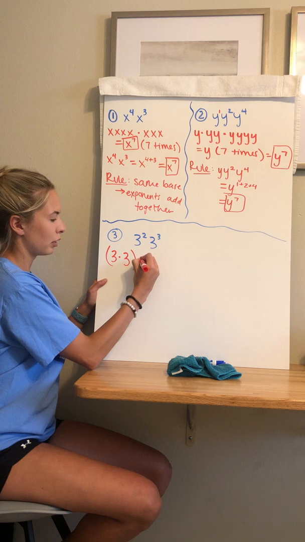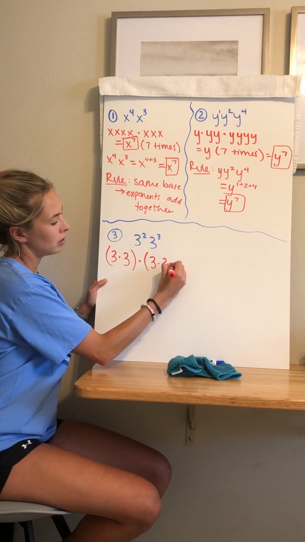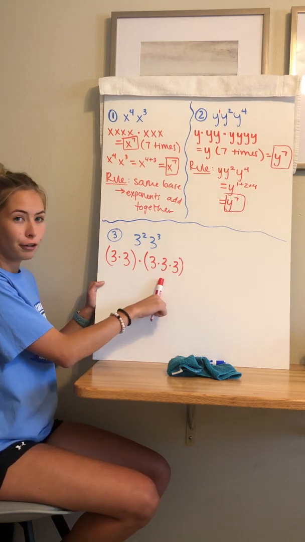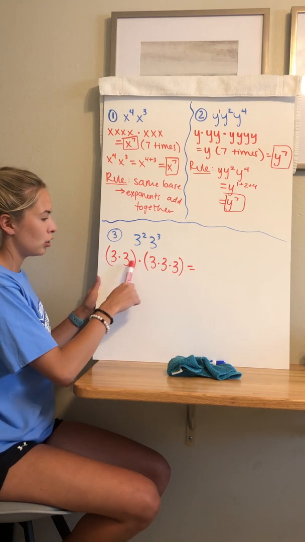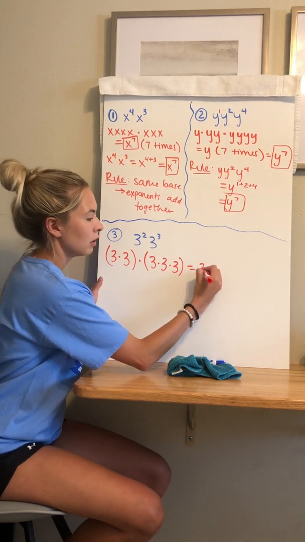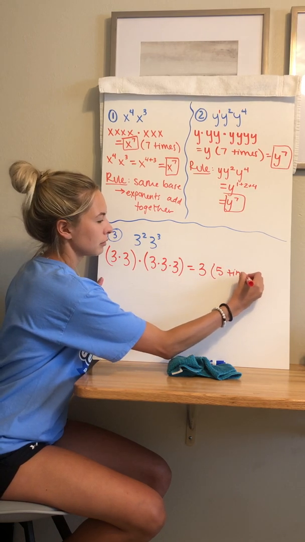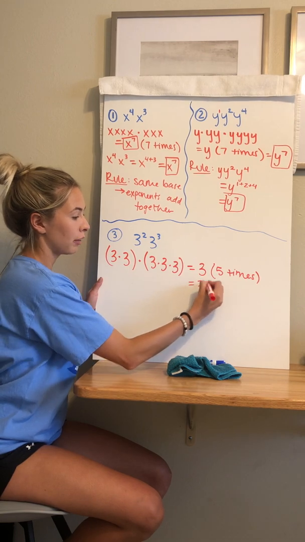I'll put these in parentheses to separate them so we can see. And then times 3 times 3 times 3. So here's our 3 squared times our 3 to the 3rd. If you look at this, we have 1, 2, 3, 4, 5, 3s being multiplied together 5 times. Now we put it in exponent form, we get 3 to the 5th.